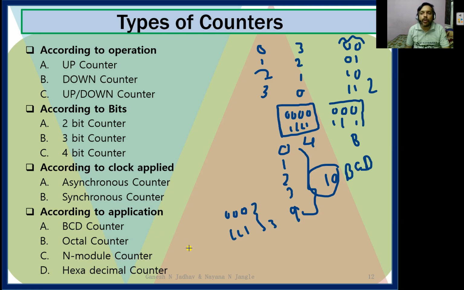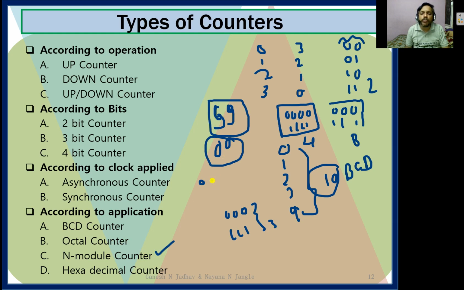Then the n modulo counter. Sometimes we require, just like a clock, when the clock signal reaches 59 seconds, the next second should be 00. Then an n modulo counter is required, because we have to restrict our counter up to 59, and then the next output will be 00. That is called an n modulo counter.